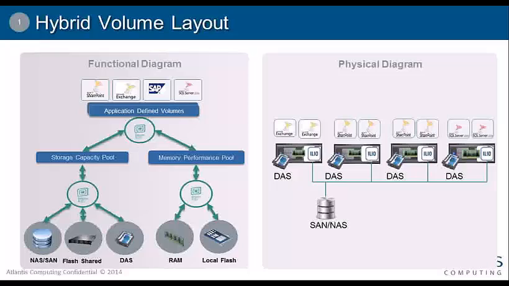And if you look at the right-hand side diagram, this shows the creation of a memory performance pool from the RAM available across 4 servers. And the capacity pool is created with the help of the DAS in the 4 servers and the shared storage, which is connected to all the 4 servers.